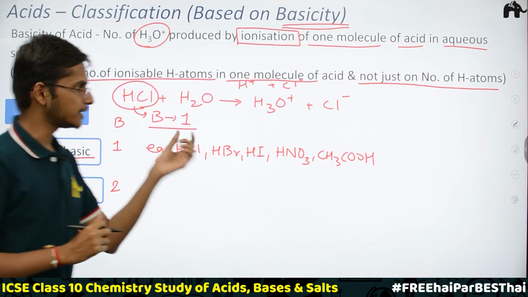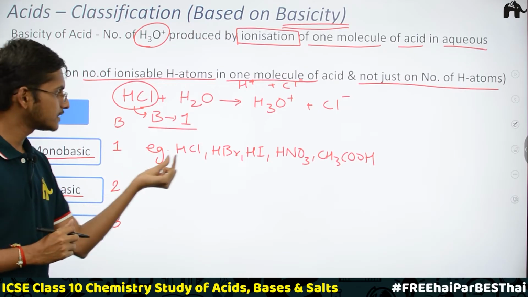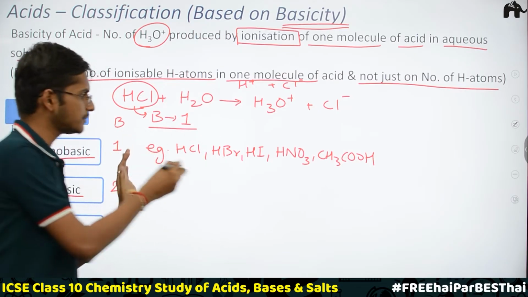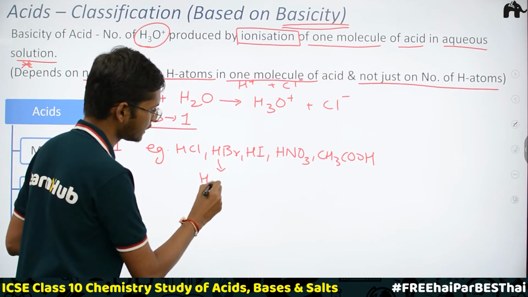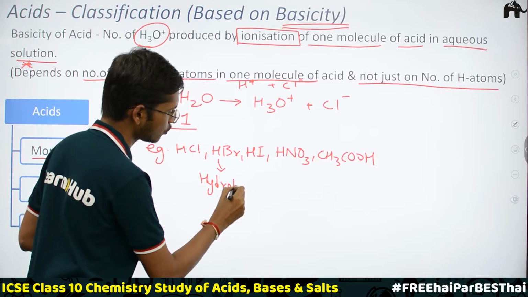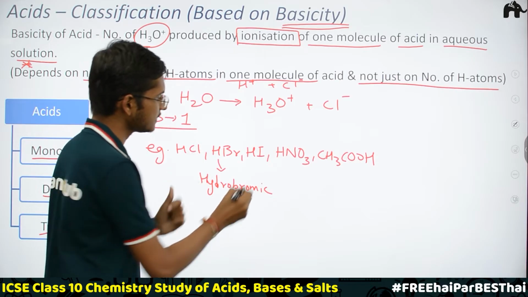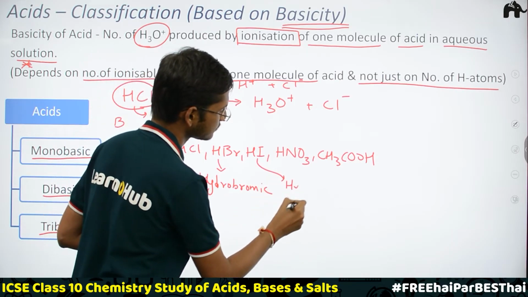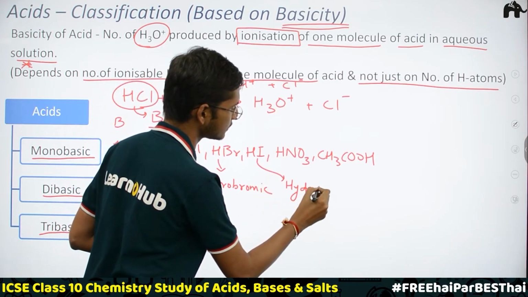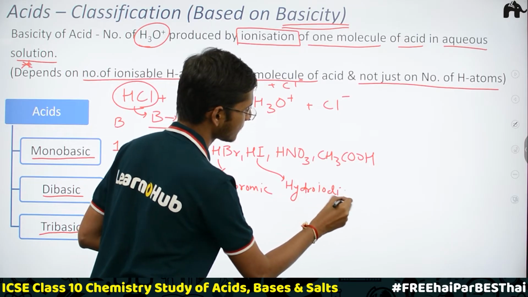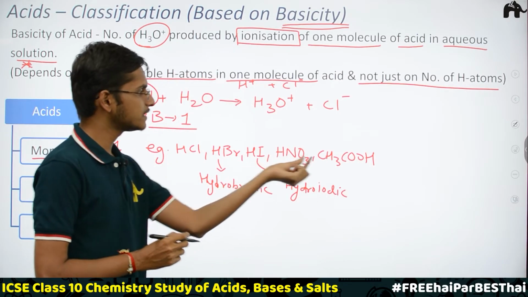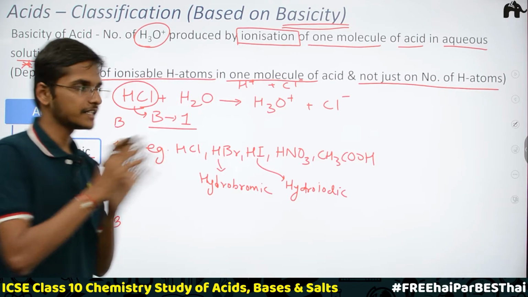Now you know the name of HCl is hydrochloric acid. Similarly, in similar fashion, HBr is hydrobromic acid. Then HI is hydroiodic acid, right? Iodine, so hydroiodic. Then you know HNO3 is nitric acid, CH3COOH is acetic acid.